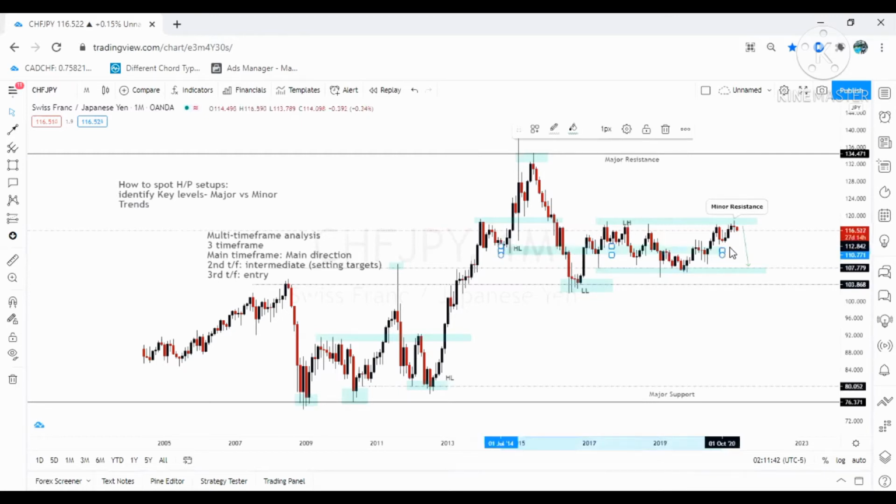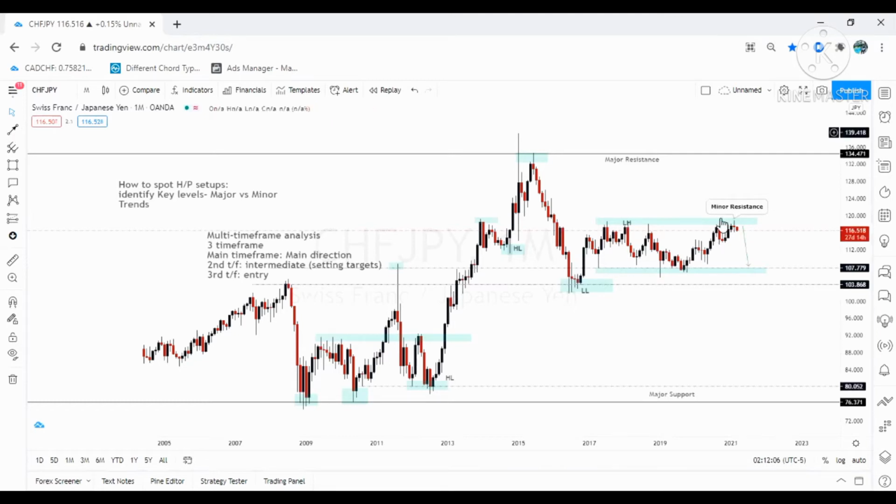Can I do this? It looks messy. Let me leave it like this. I'm sure we'll find a level on the lower time frame. So direction wise, here we've established that we're in an uncertainty phase. Like, we're not certain of where we're going next. Why?